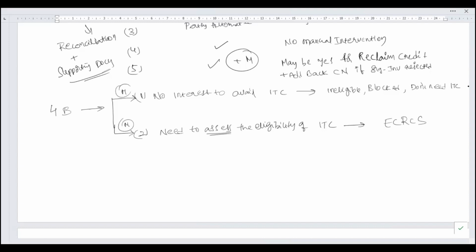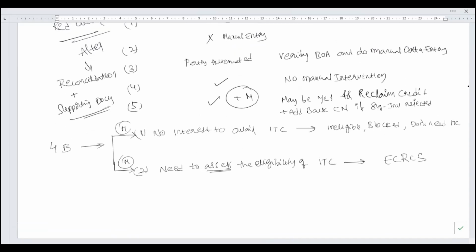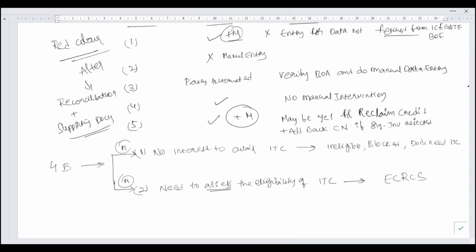So whatever list I'm going to get here, 1, 2, 3, 4, 5. This entire total, the total of 4A1, I assess in 4B.